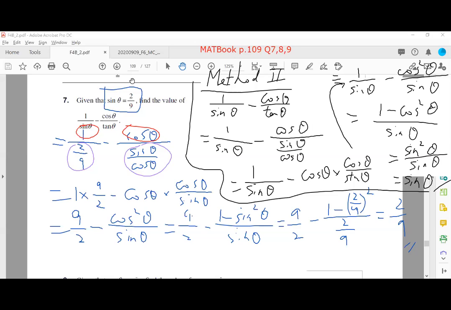Okay, and sine theta is equal to 2/9. And finally, we just change the sine theta to be 2/9. Okay, so we don't have this thing if we use method 2. Okay, we don't have the complicated calculations. Okay, so that is like this.